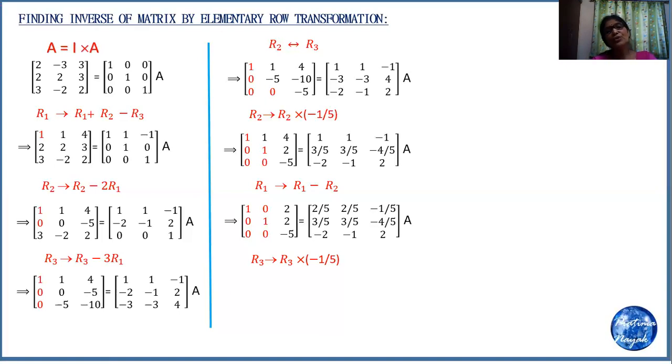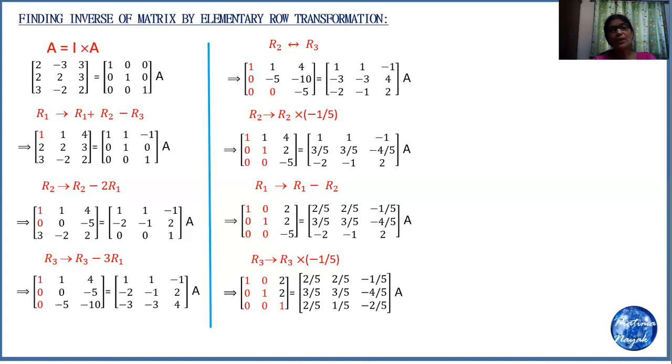So R3 is equal to R3 into minus 1 by 5. So it is clearly visible, it will be 1. So it will be 1, 0, 2, 0, 1, 2, 0, 0, 1. And R3 on the right side will be changed to, I multiply minus 1 by 5, it will be 2 by 5, 1 by 5, and minus 2 by 5.